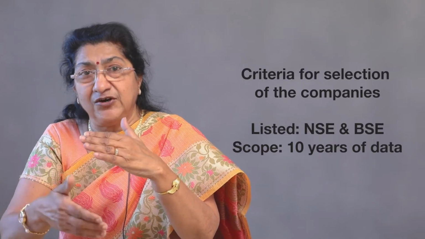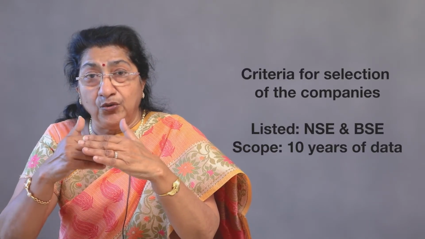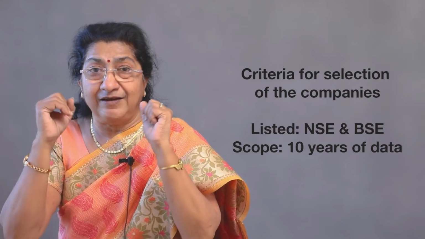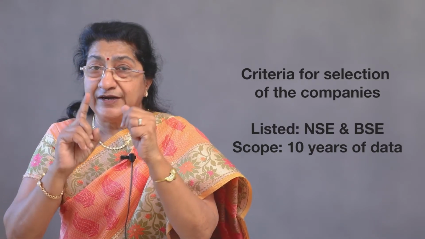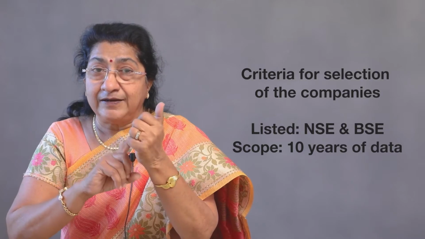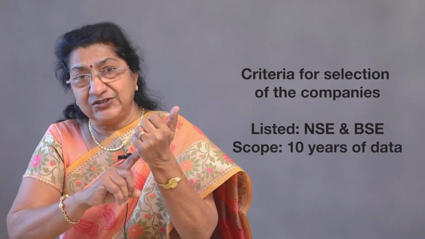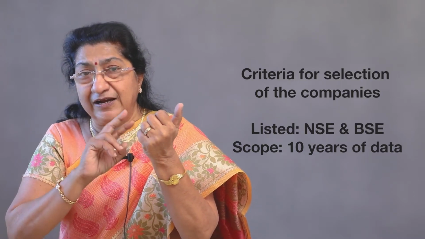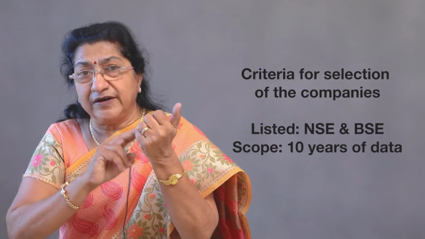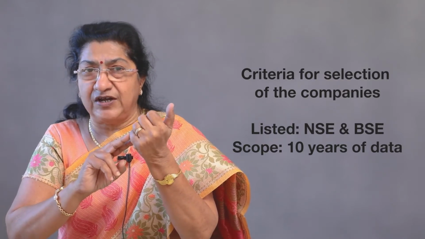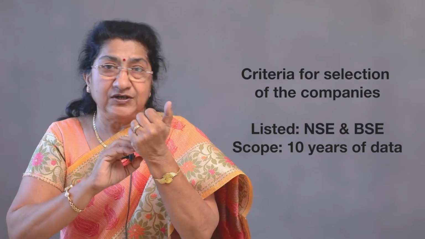Now, in the fertilizer industry, several companies are there. So, obviously, you have to select some companies. For selection of the company, you have to set the criteria. So, you set one criterion, that if the company is listed in the National Stock Exchange and Bombay Stock Exchange, then you will consider it.